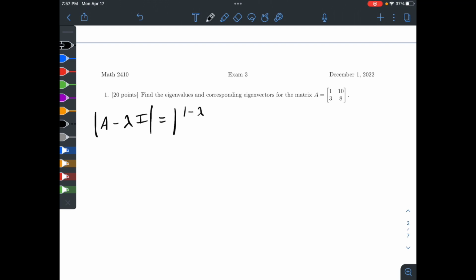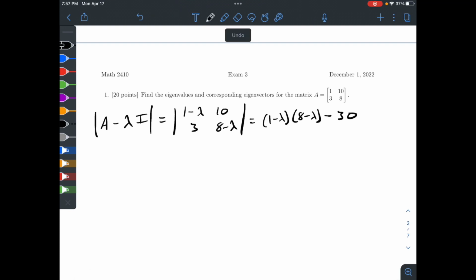So we subtract lambda times the identity matrix, which basically has the effect of just subtracting lambda along the diagonals. And then we just use our 2 by 2 determinant formula: 1 minus lambda times 8 minus lambda, minus 10 times 3.